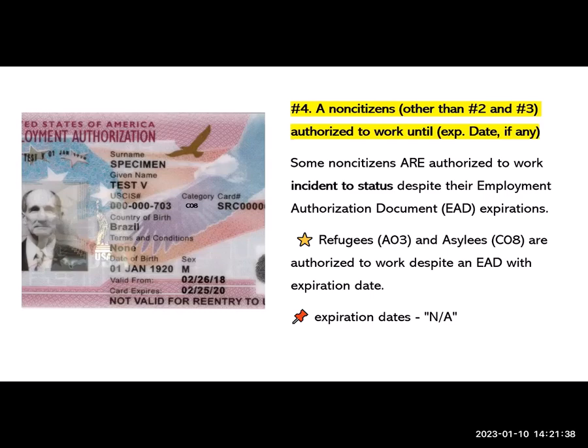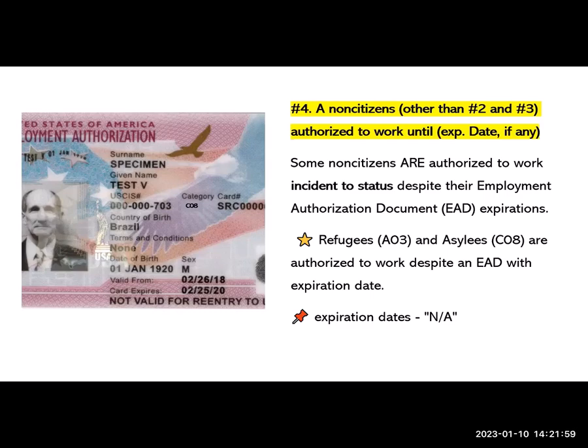One of them, obviously, is the liability of hiring someone who cannot be authorized to work, but also of not hiring someone who could be authorized to work, simply because you didn't know that some non-citizens are authorized to work. This is the piece I really want you to pay attention to.